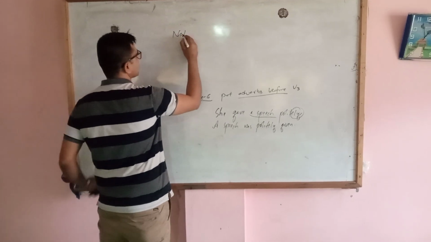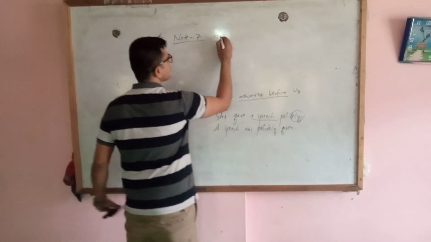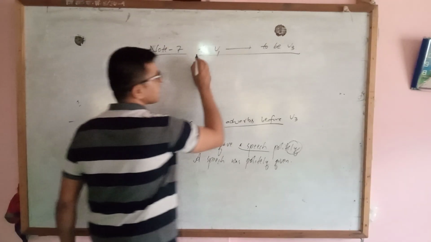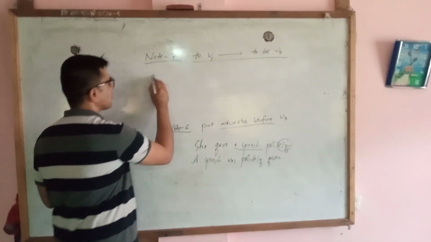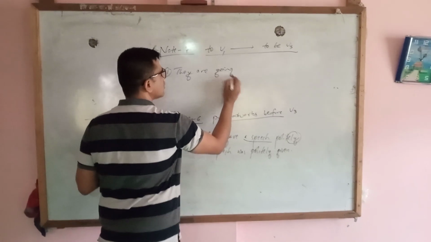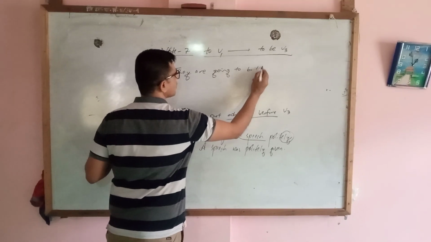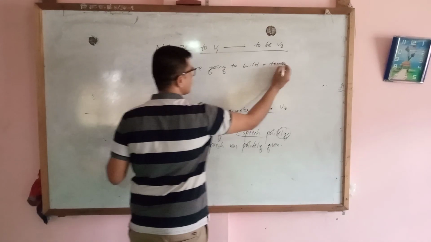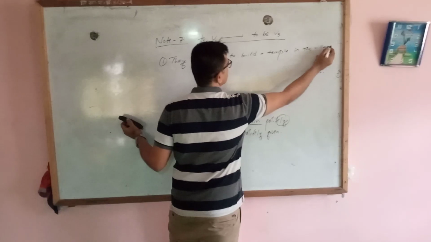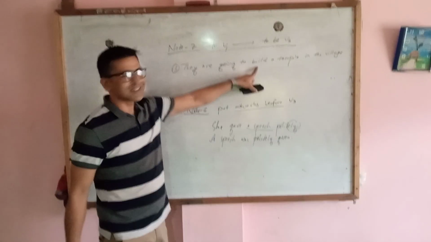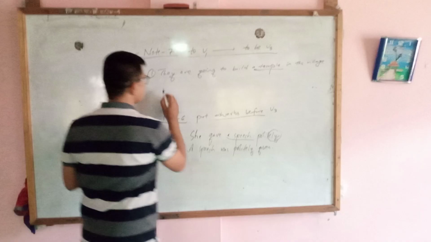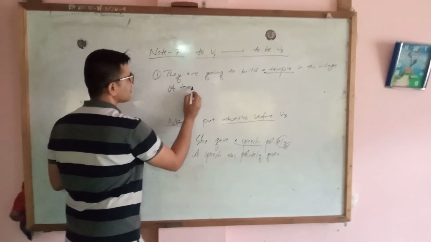Note number 7. 2B1 should be changed into 2BB3. Look at that. For example, they are going to build a temple in the place. And what is the object? What build? A temple. So let us take our temple.